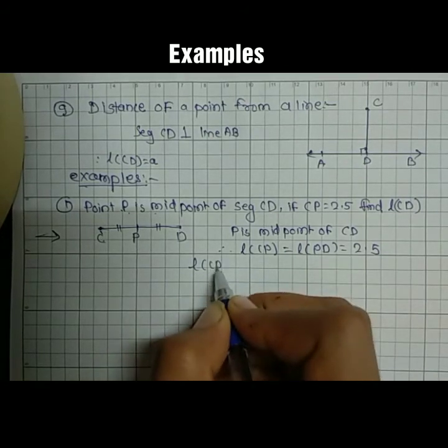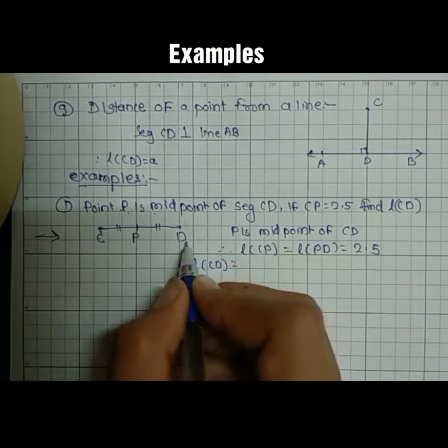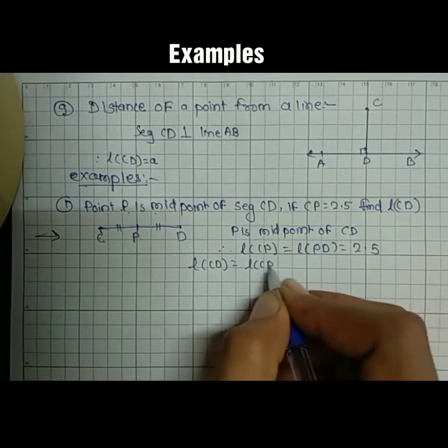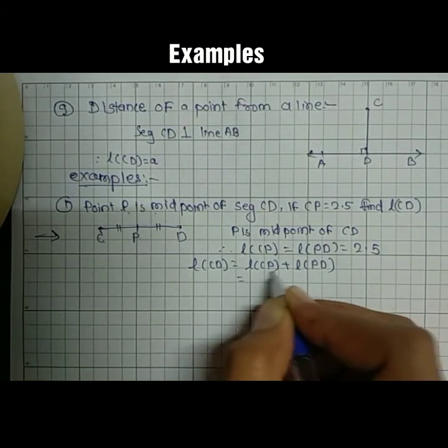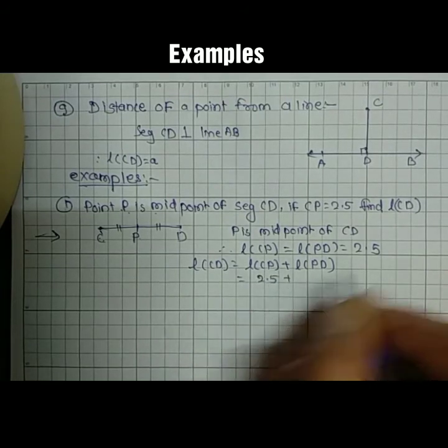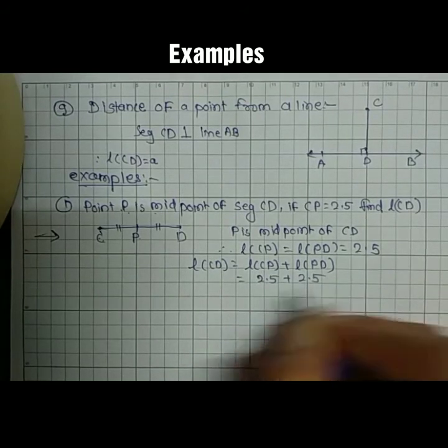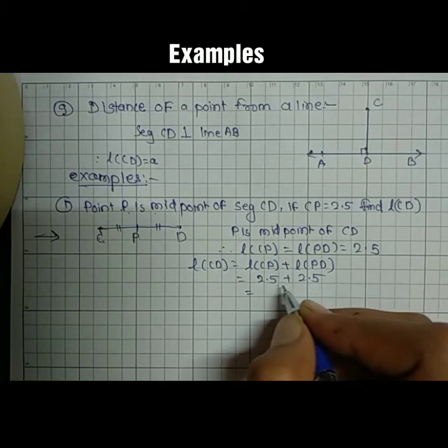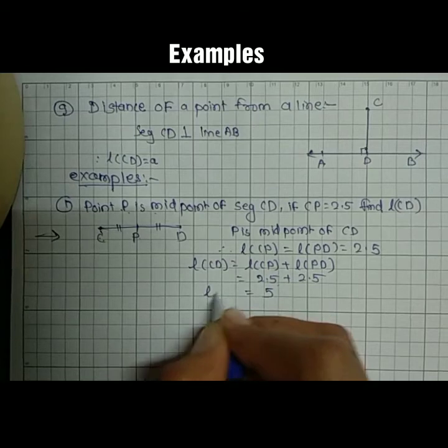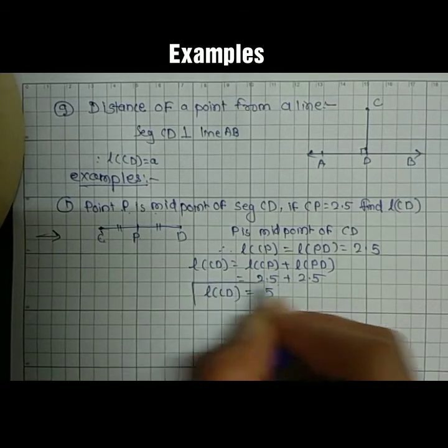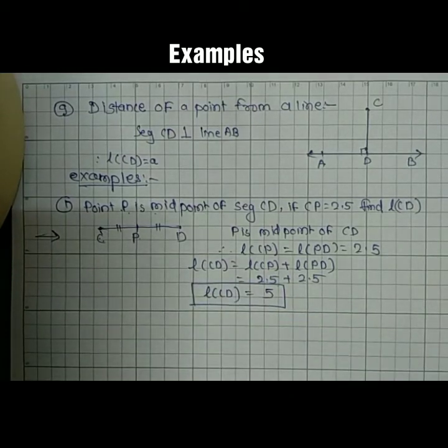Length CD is equal to CP plus PD. CP is 2.5 and PD is also 2.5 because both lengths are equal. So 2.5 plus 2.5 is equal to 5. So length CD is equal to 5 units.